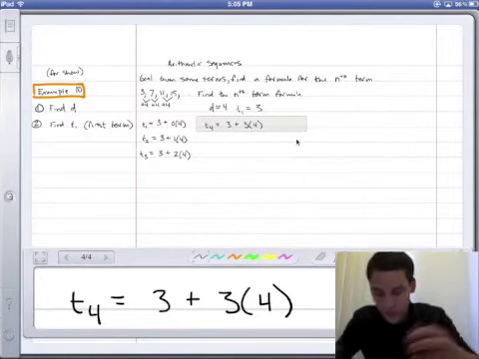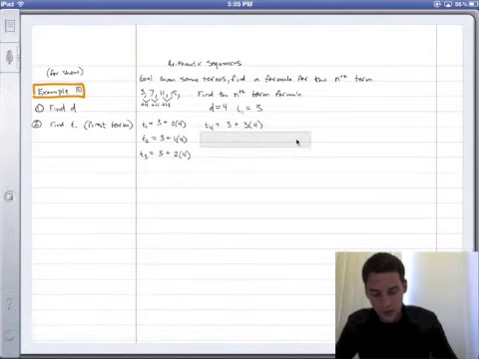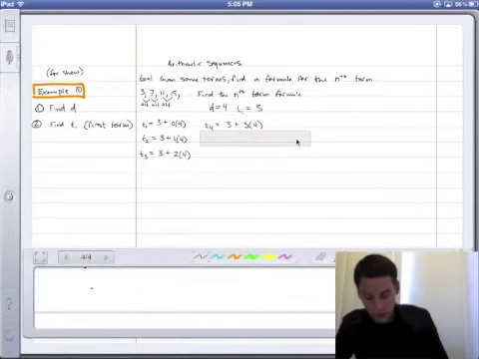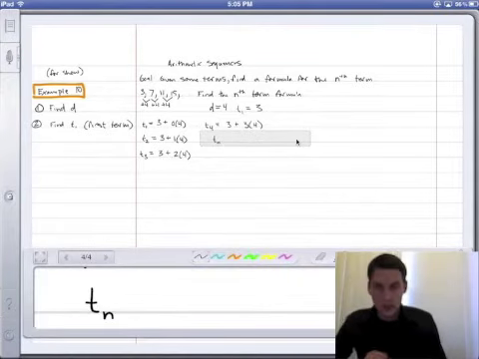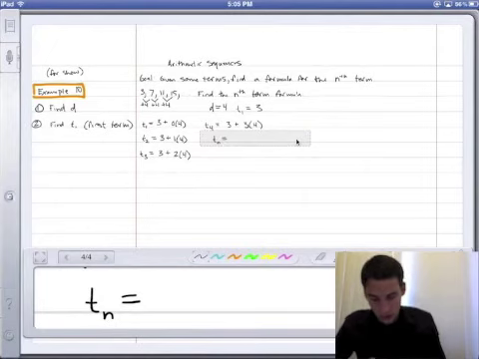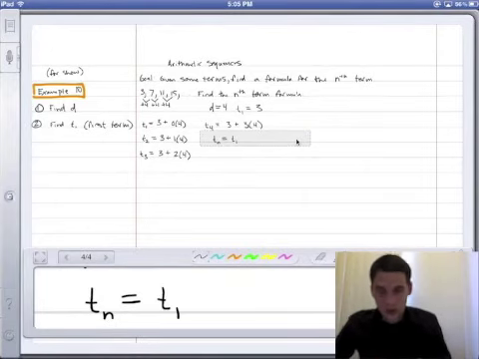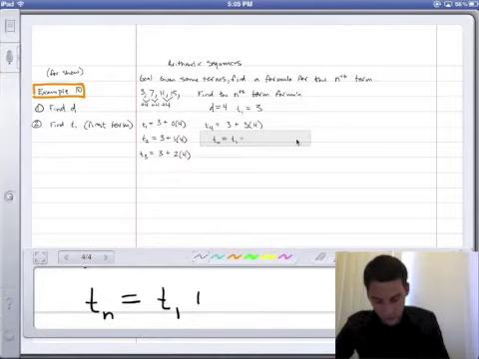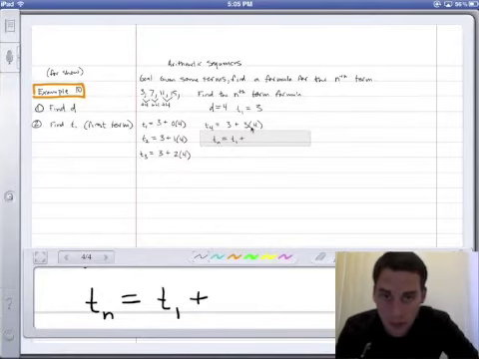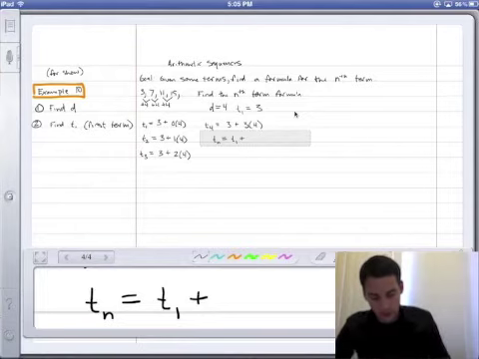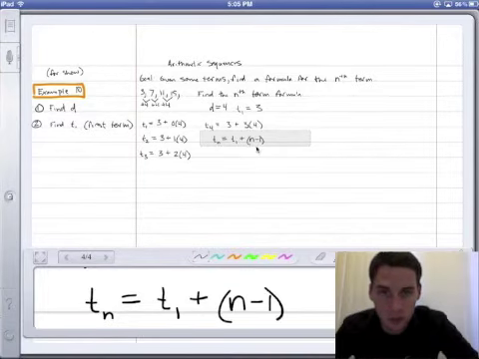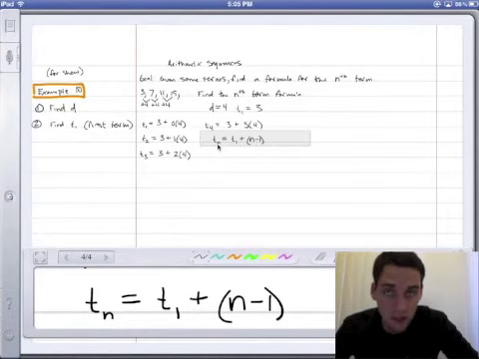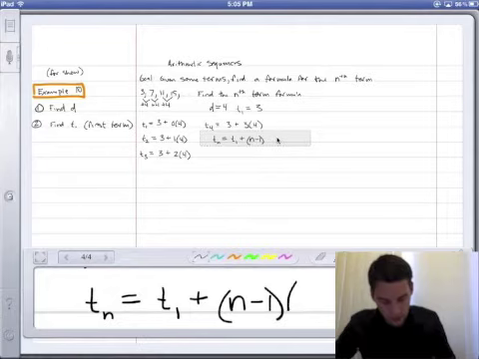So I'm going to try and generalize that. This is the formula that you're going to be using. T sub n equals the first term, t sub 1, plus, and remember this was always one less than this, so we'll have n minus 1, because n minus 1 is less than n by 1, times what?